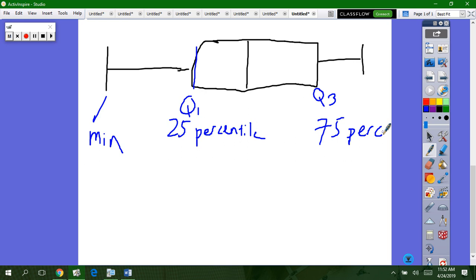92nd percentile means out of 100 people, roughly, you beat 92 people. You got 8th place. For example, on my GRE, which is basically the ACT for grad school, a lot of people take it to get into grad school.